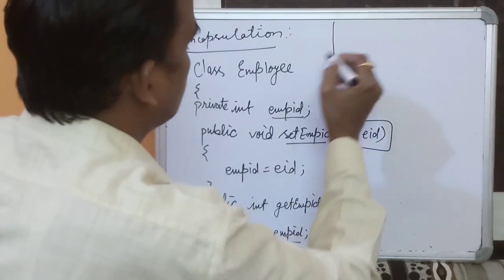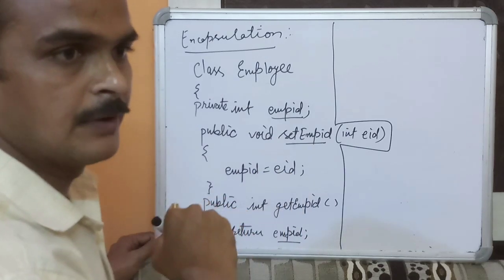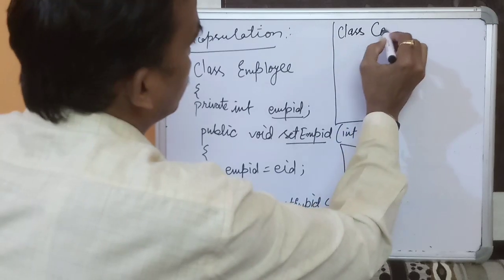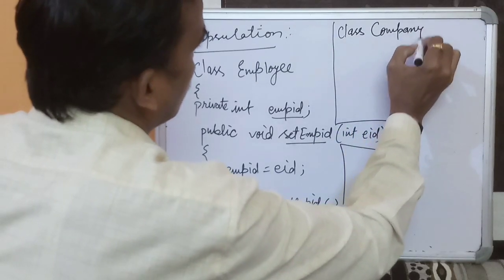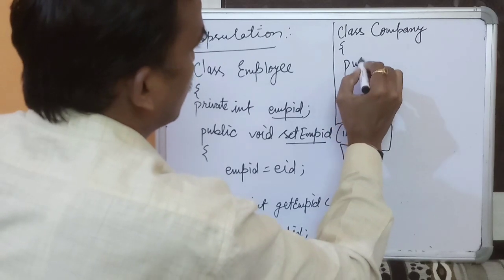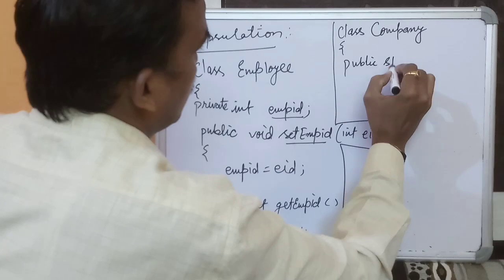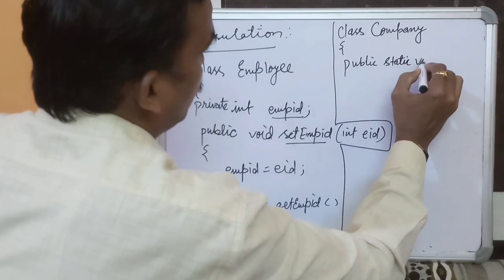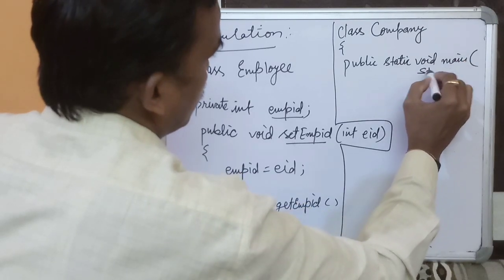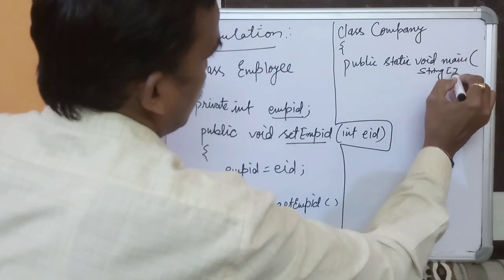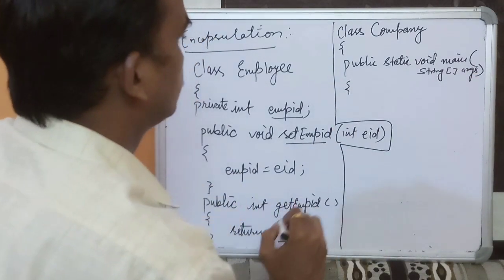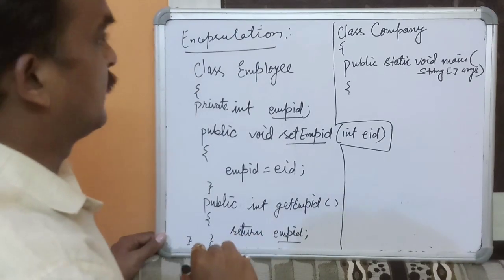Now the second class, in which we will define the void main method. Here we use the class Company, in which we use public static void main, String arguments. In this we use the setter method.